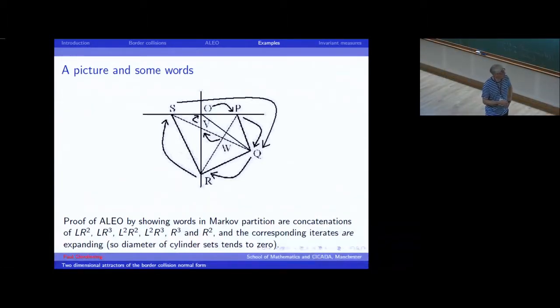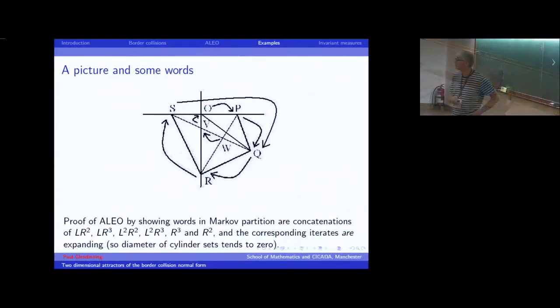Now that on its own is enough to tell me what the dynamics is, but not enough to tell me that the attractor is fully 2-dimensional, because I could have structure inside here with that dynamics.